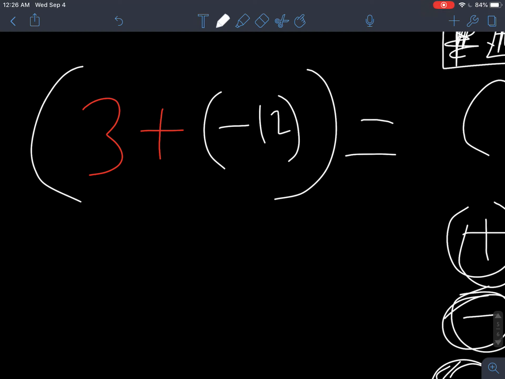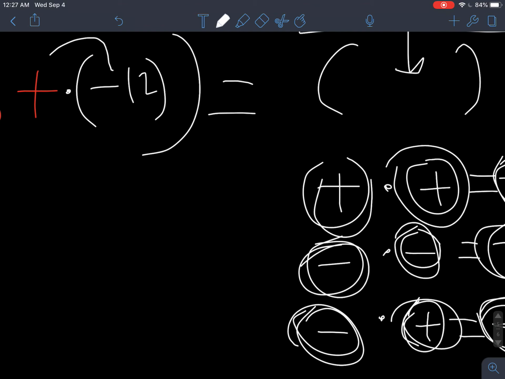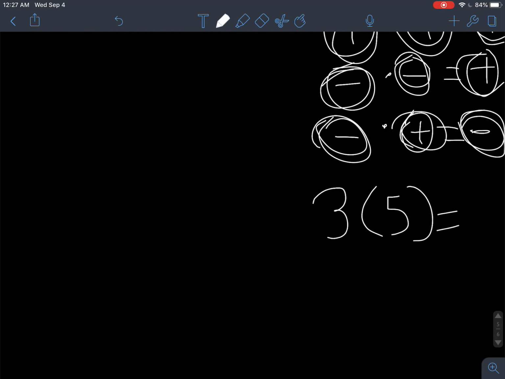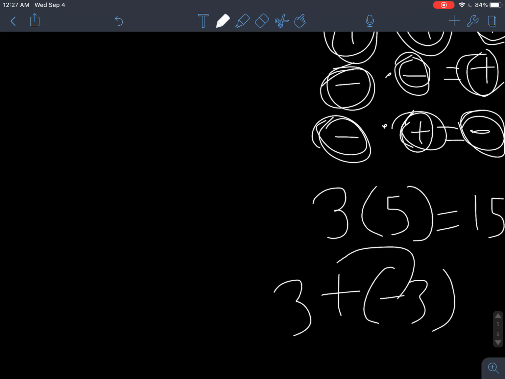So now, you can kind of distribute the sign. Think of this as multiplication as well. Like you're multiplying the signs, right? Like same here, when you have a 3 and a 5, you multiply these, so you get 15, right? If you have a positive here and you have a negative 3 here, you can distribute the sign.